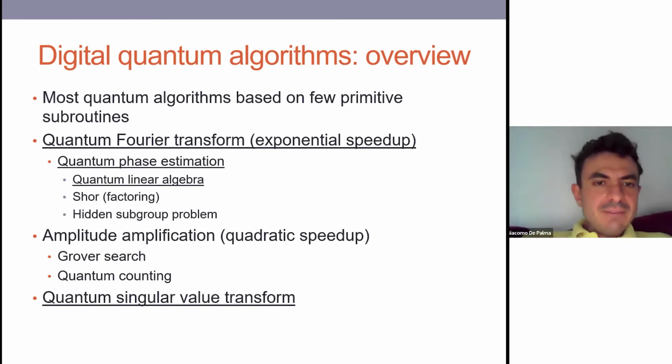And among the main applications of quantum phase estimation, there is the famous Shor algorithm for factoring, that can factor integer numbers in a time that is polynomial in the number of digits, rather than exponential, as is required by the best classical algorithms that are nowadays available.